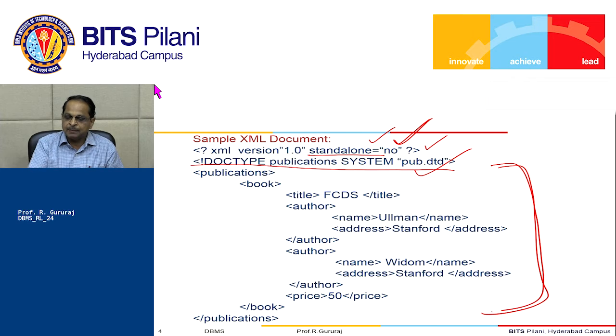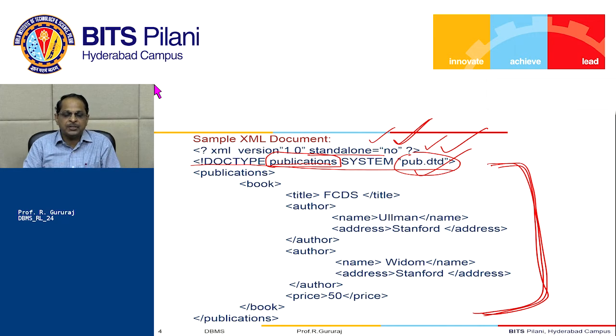This is the body of the XML document. So this content of the XML document should follow the description which is specified in the DTD file, which is pub.dtd. DOCTYPE publications, that is the root; the XML document publications.xml is adopting the structure which is defined in the pub.dtd DTD file.